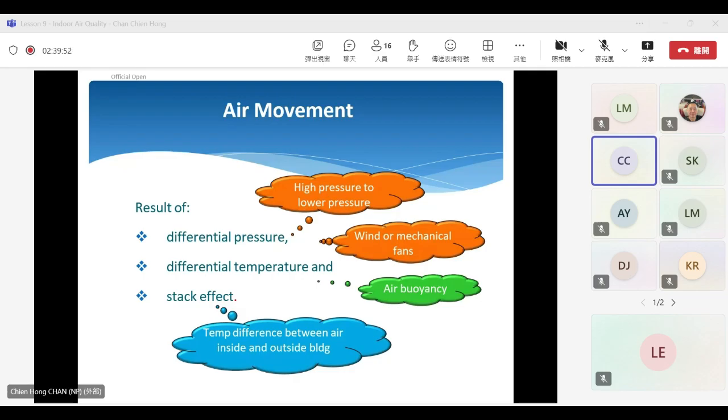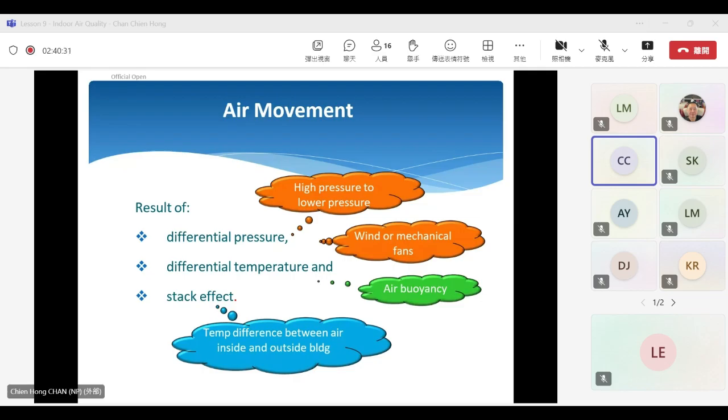So typically, you can imagine hot air will rise in a tall building, and the air at the upper floors tends to push the room air out of the building, whereas at the lower floors, the air pressure inside the building is lower than the air pressure outside, so the outdoor air tends to rush in.